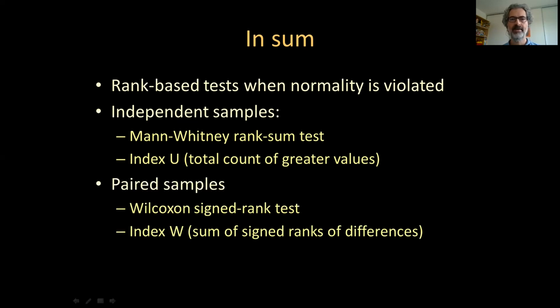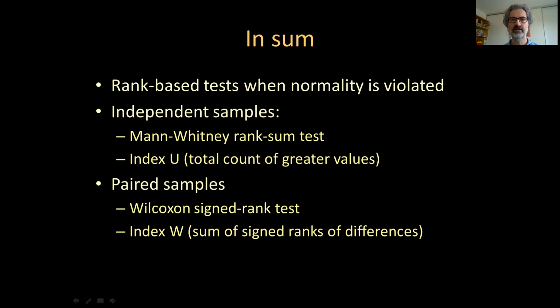When we have paired samples and cannot use a paired samples t-test because the normality assumption is violated, then we use what is called a Wilcoxon signed rank test, the simplest variant of which I showed you in the example with the intervention, which provides a W statistic, which is equal to the sum of the signed ranks of the absolute differences, and we can look up a p-value on its sampling distribution for the corresponding effective sample size.